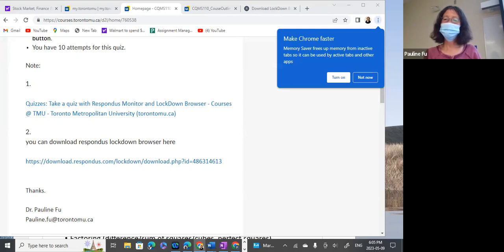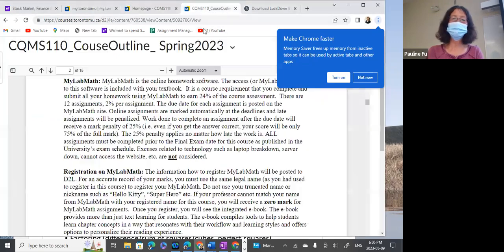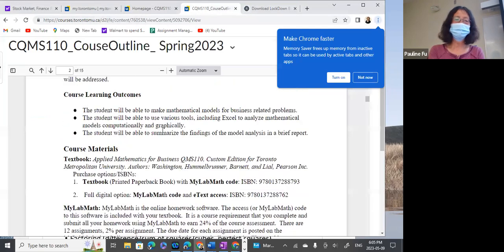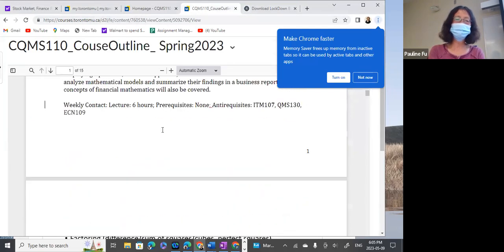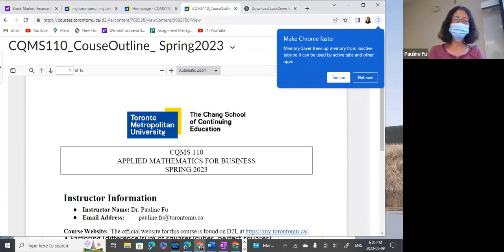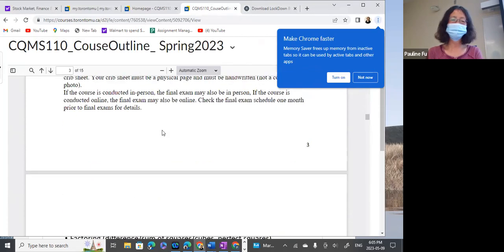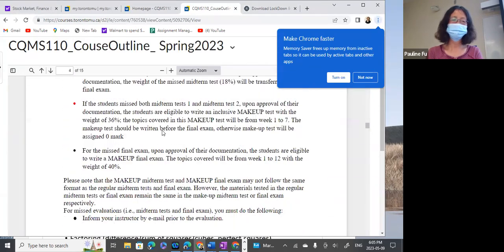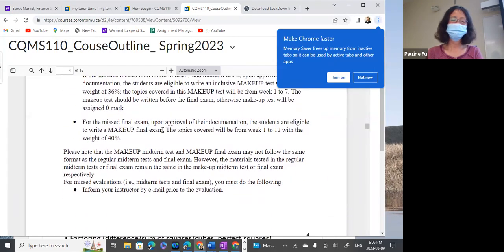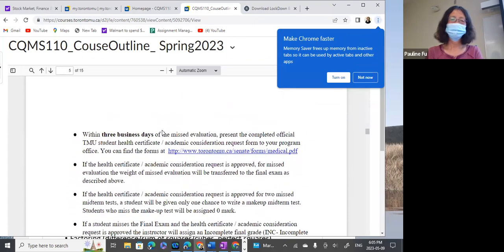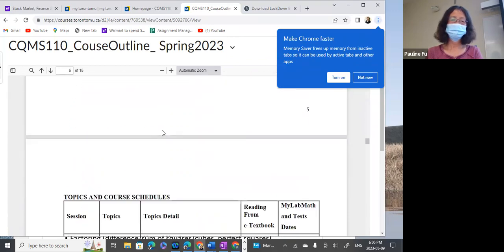We are only allowed to use one cheat sheet during the midterm. Yes, you can use the cheat sheet. The policy is on the course outline. How many cheat sheets are you allowed to use? Somewhere here.